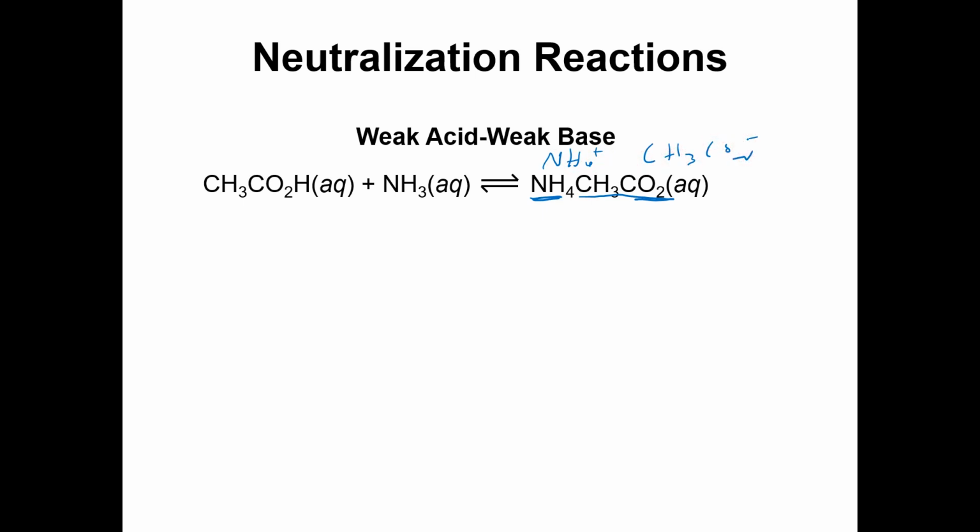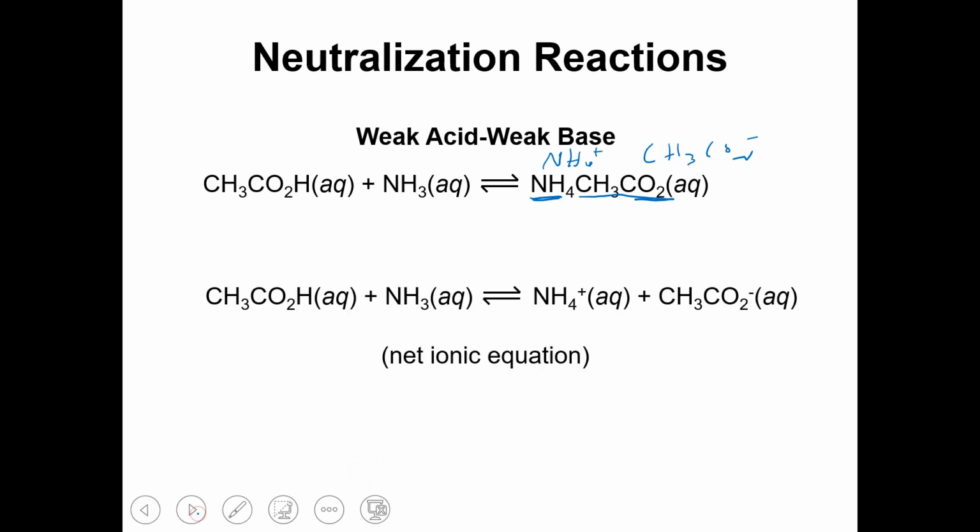But the acetic acid and the ammonia don't break apart into their ions. So this equation here is going to be our final equation. If we want to write it in ionic form, we can break the ammonium and the acetate apart into their ions, but we still essentially have the same thing. Since one isn't really any stronger than the other, and we don't have a non-ionic equation that shows us that we have more acid or base, we can't really predict what the pH is.